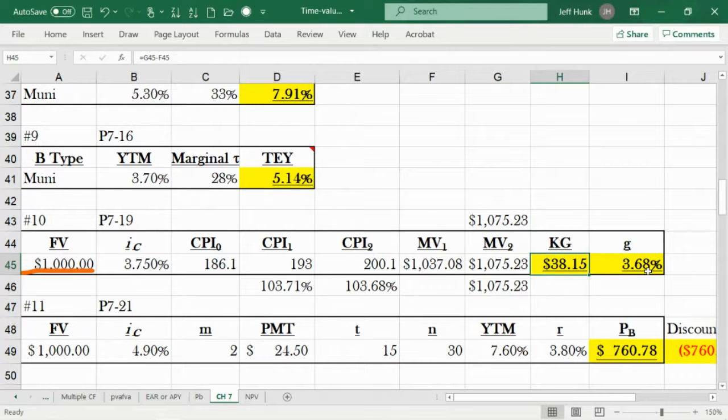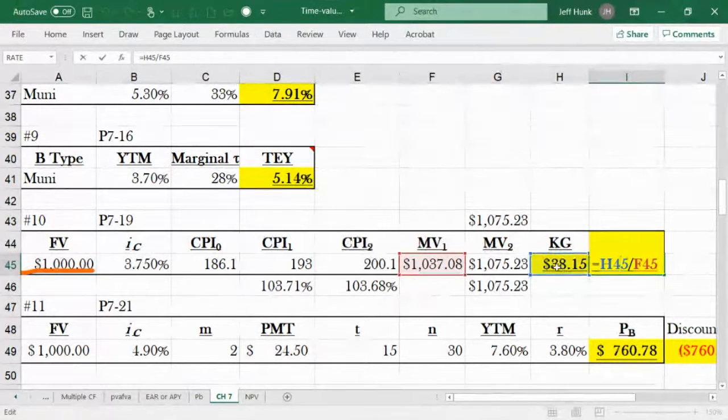Then the growth rate in inflation. I mean, not the growth rate in inflation. The capital gains return. The rate of return on investment is capital gains divided by initial investment.